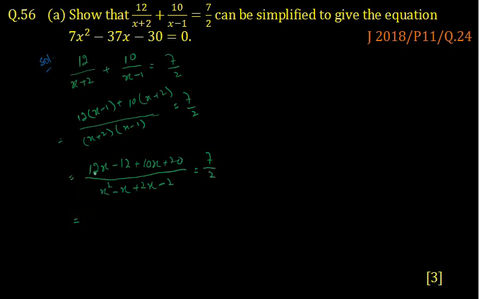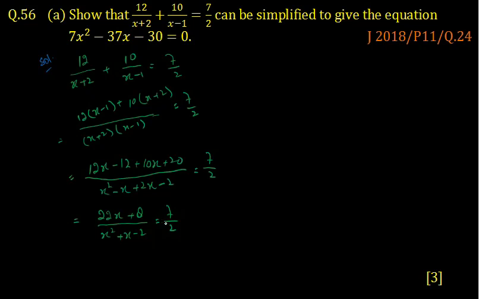Now first we add the like terms, so 12x plus 10x becomes 22x, and minus 12 plus 20 becomes plus 8, divided by x square, and minus x plus 2x becomes plus x, and minus 2, is equal to 7 upon 2.